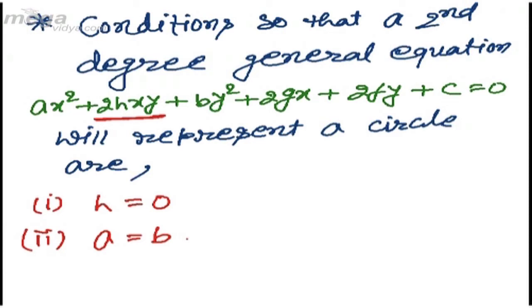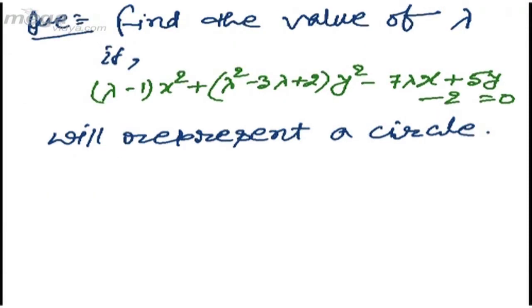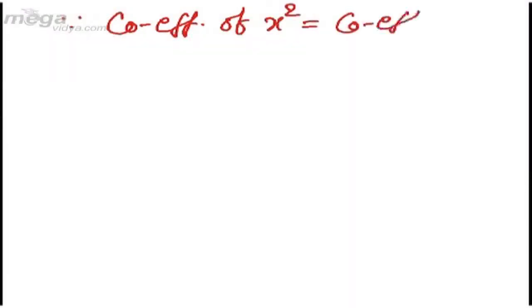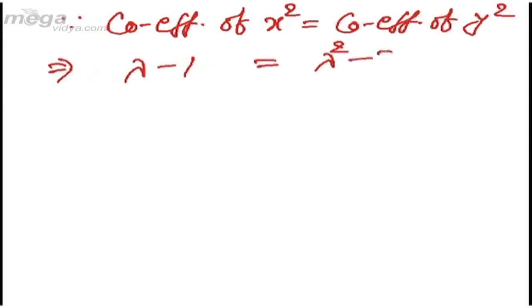We will equate them to make it a general equation of a circle. So student, I am writing here, since the coefficient of x square should be equal to the coefficient of y square, we get lambda minus 1 equal to lambda square minus 3 lambda plus 2.